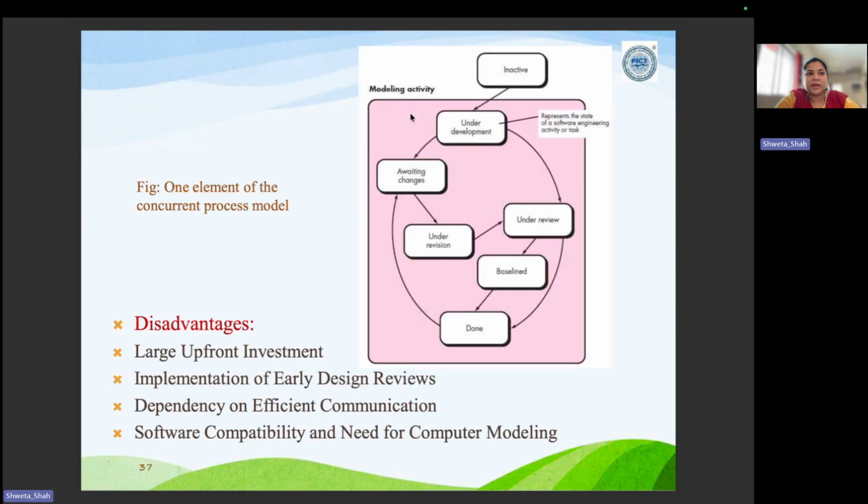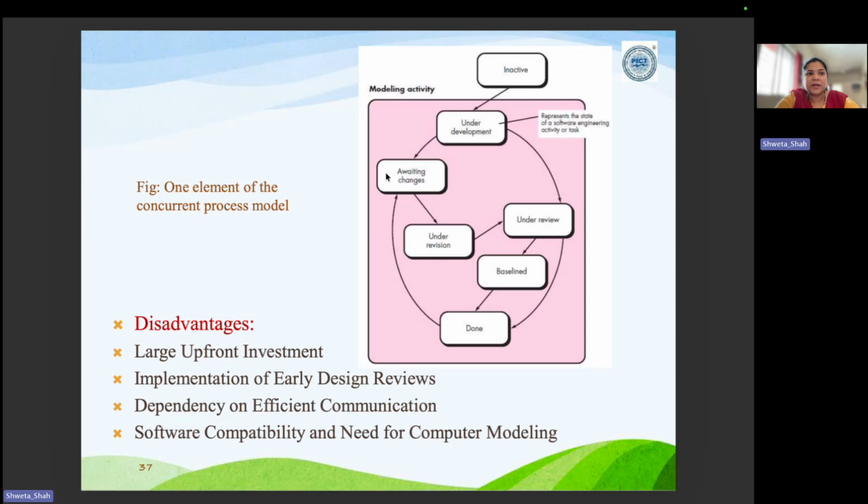This is a diagram of the modeling activity. Some under-development activities represent the state of the software engineering activity and task, and then there are states like awaiting changes, under revision, under review, baselined, and done. Following this modeling activity, it is a circular activity which goes on and on.